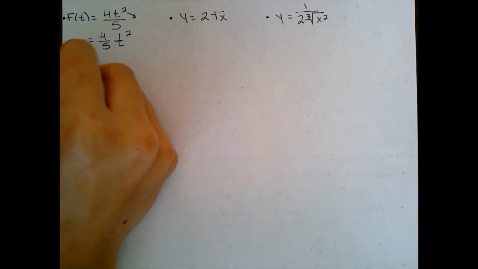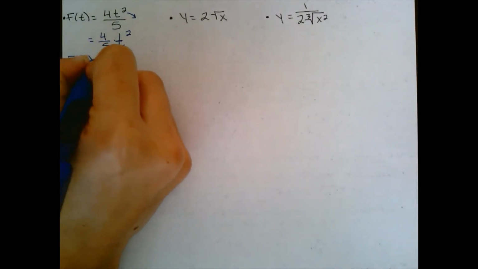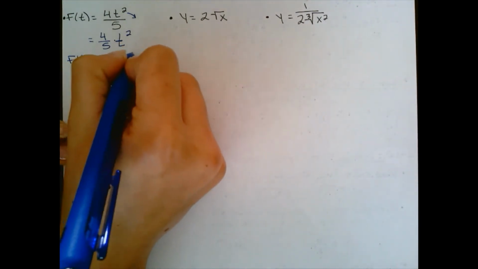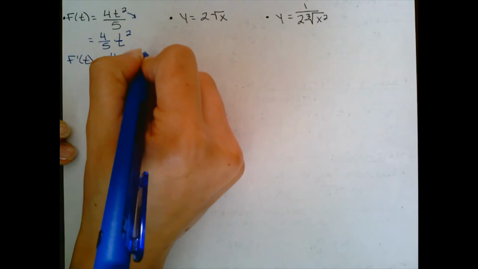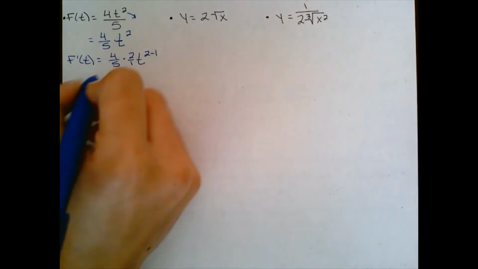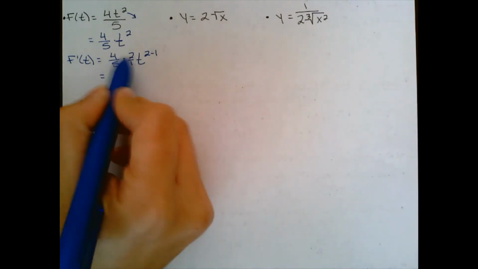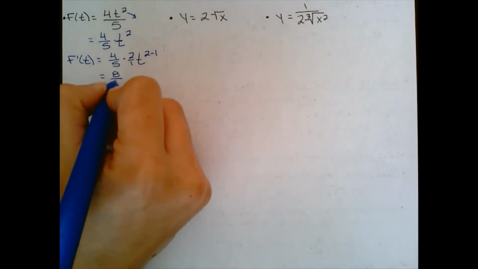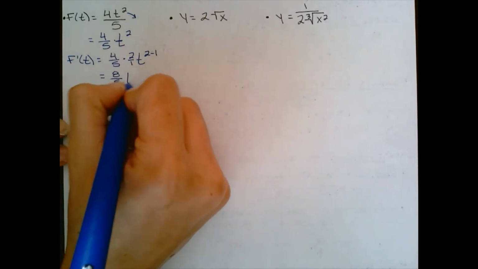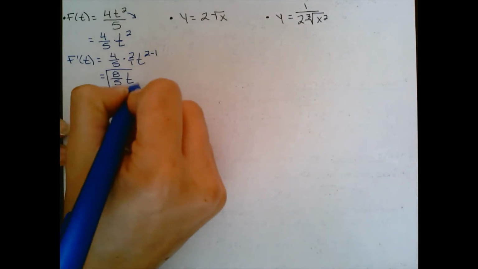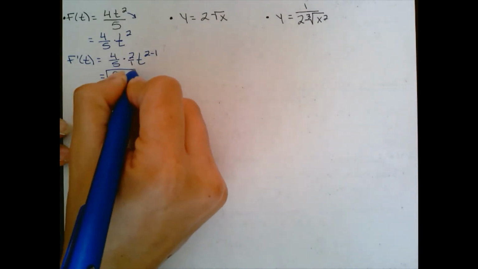And I could say f prime of t equals 4 over 5 times 2 t raised to 2 minus 1. So this is like saying times 2 over 1. Okay? And I just multiply straight across. So 2 times 4 is 8. So I have 8 over 5 times t to the first power. Okay? Because 2 minus 1 was 1. That's why it's to the first power.